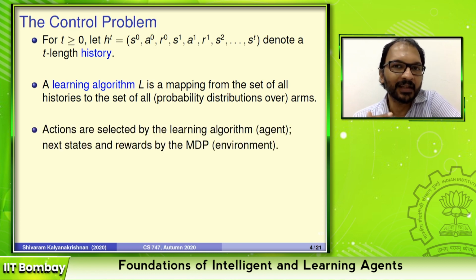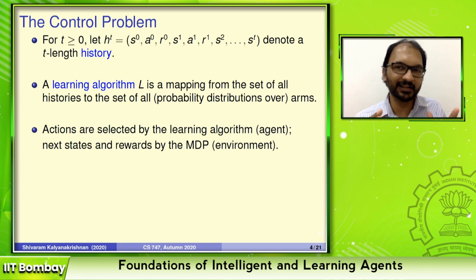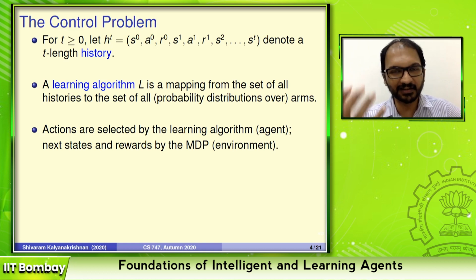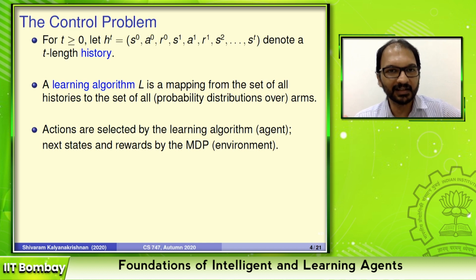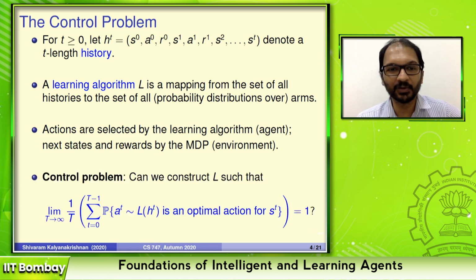And again, the separation of duties is the agent will look at history and say which action it is performing. The environment will take that action, apply it on the current state, and see what reward and next state you get, based on the underlying MDP. So the MDP is to be thought of as the environment, because it has the transition probabilities and the rewards. The agent is in charge of the policy or the learning algorithm that maps state to action or histories to action.